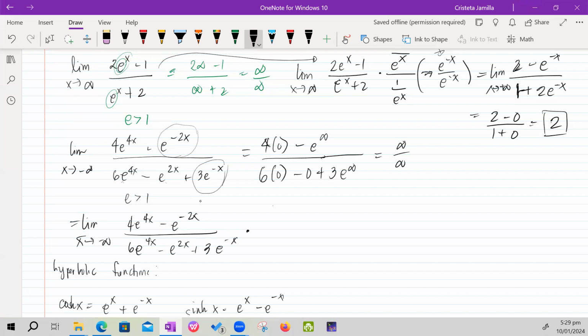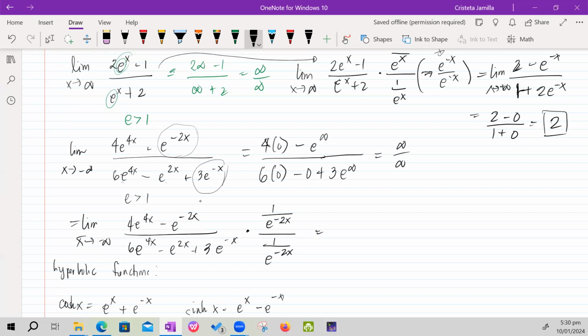I will be multiplying by 1 over e raised to negative 2x.